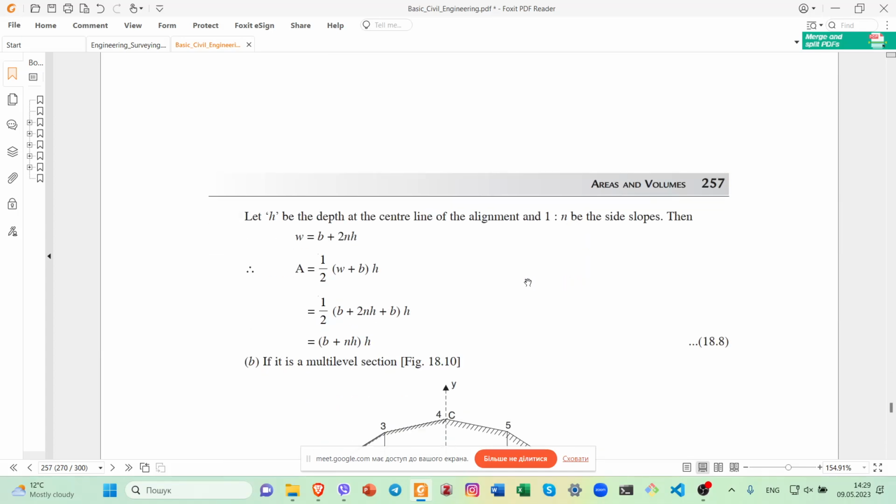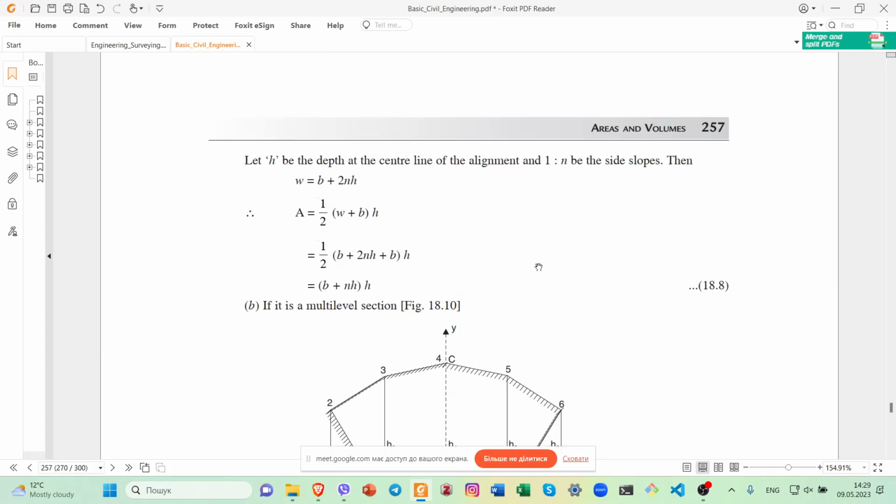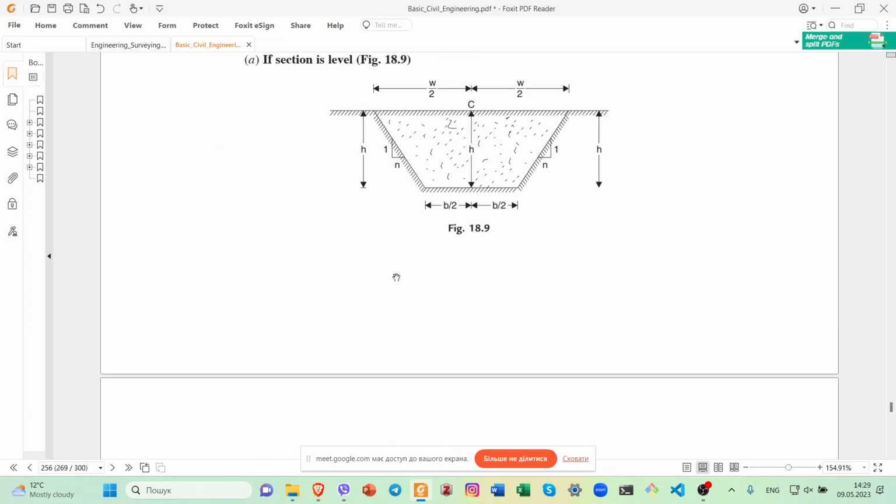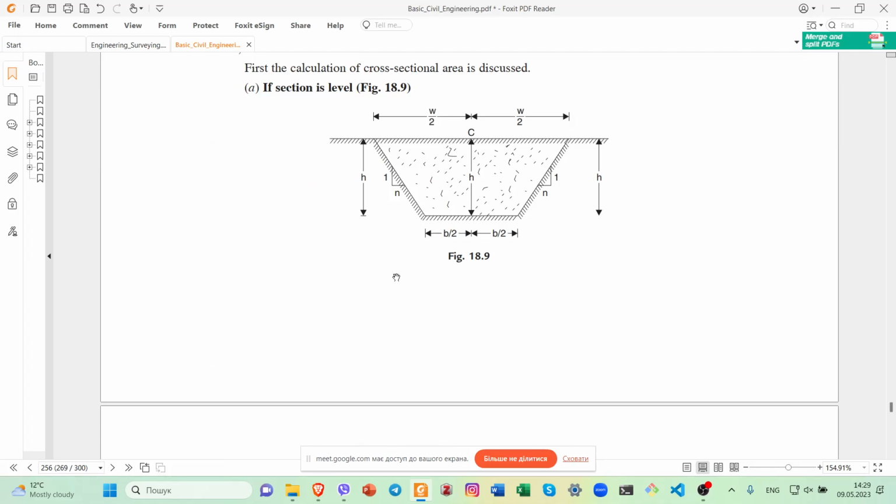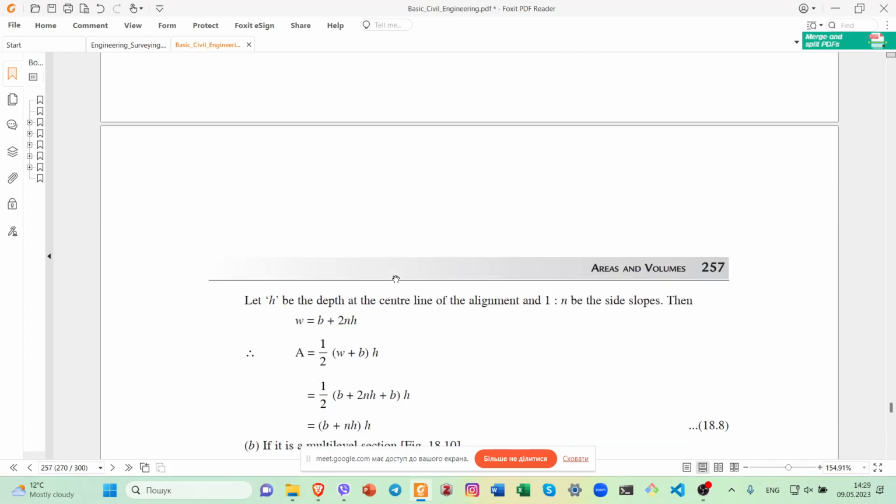And then we calculate W is equal to B plus 2NH.